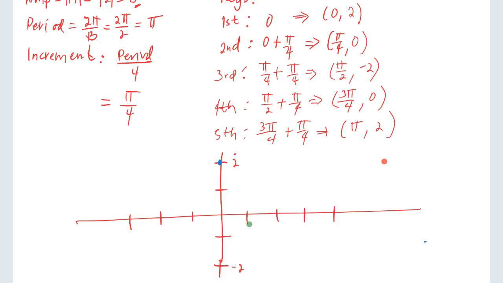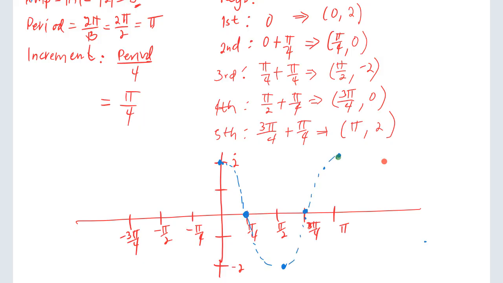We have pi over 4, pi over 2, 3 pi over 4, and then pi on the other side, negative pi over 4, negative pi over 2, negative 3 pi over 4. Plotting the points now, we have that point, then pi over 4, 0, and then down here, going up there, and then up. So this is the graph of the cosine function.